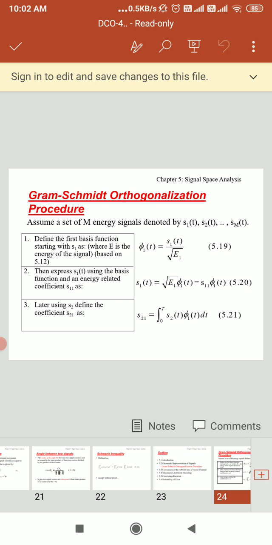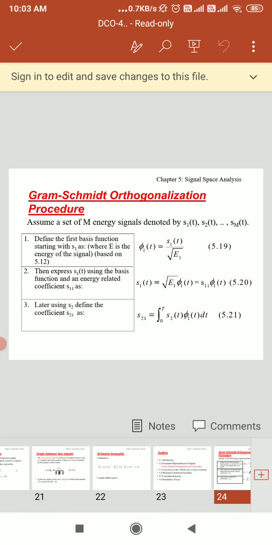Now we are supposed to study the Gram-Schmidt orthogonalization procedure. Here also we are supposed to represent a signal geometrically. So now we are assuming the principle of Gram-Schmidt orthogonalization, in which we assume a set of m energy signals, Si(t), where i is from 1, 2 up to m.